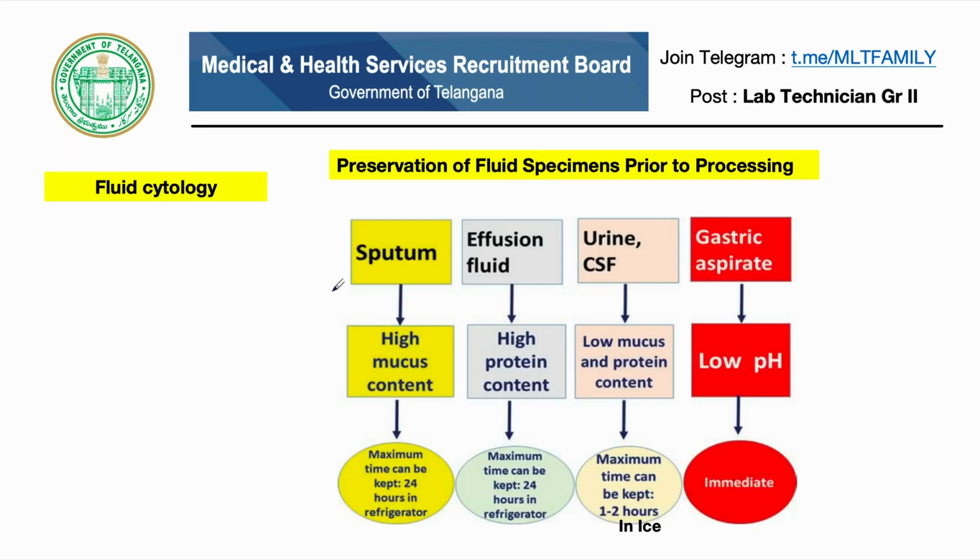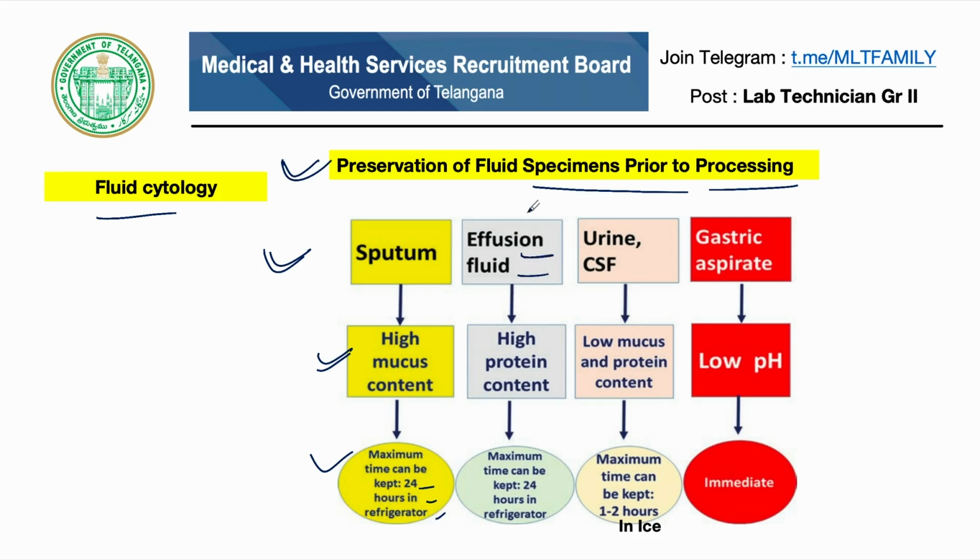So earlier I talked about a third kind of sample collection technique which includes body fluids. In fluid cytology we have to preserve the fluid specimen prior to processing. If you get sputum, which has high mucus content, maximum it can be kept 24 hours in a refrigerator before processing.